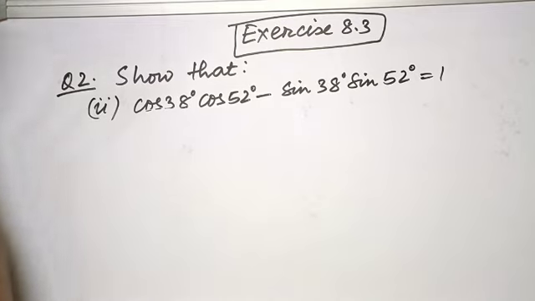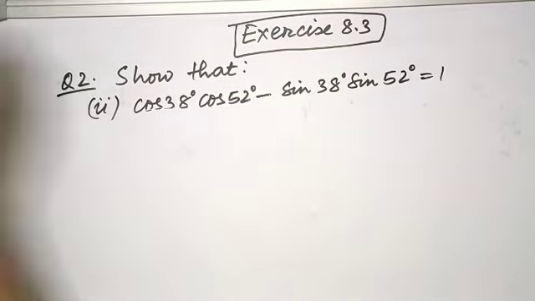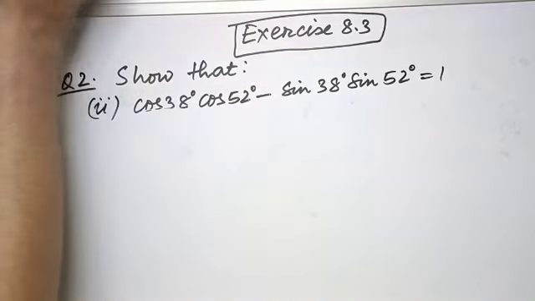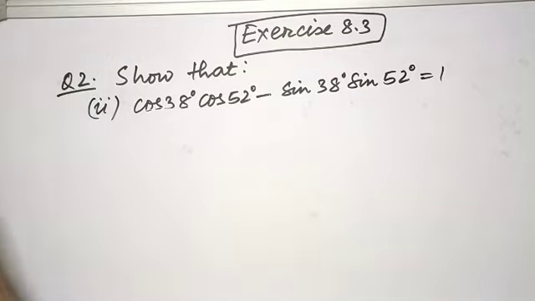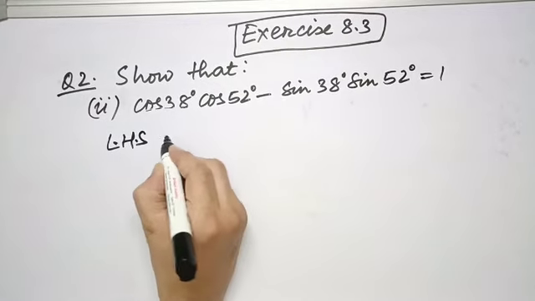I think there are some mistakes in my question. Let me check it first and we'll solve it. Let us solve and see whether I'm correct or this question is wrong. Let us solve from the left hand side first.